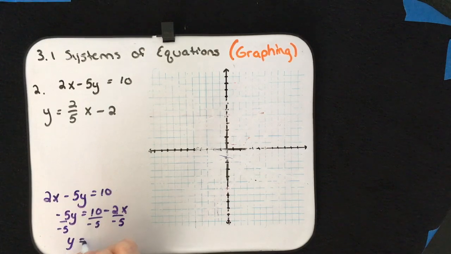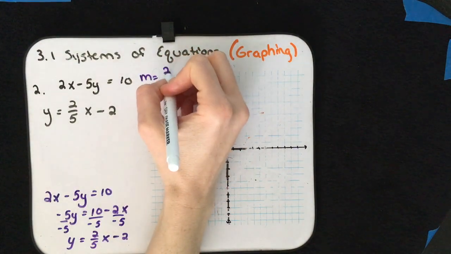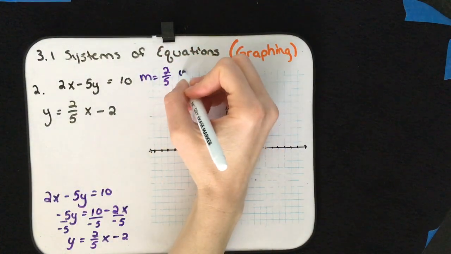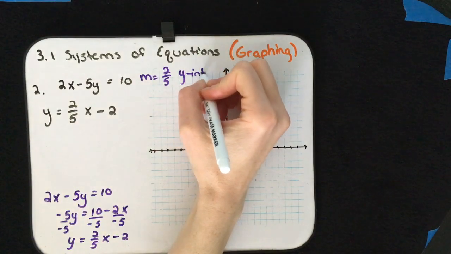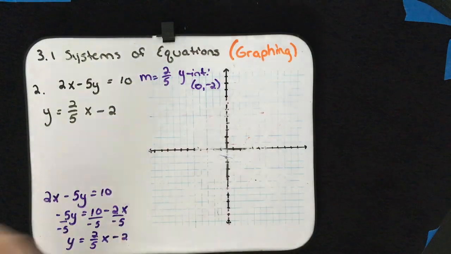And we'll get y equals, I like to have the x term first. So negative 2 divided by negative 5 is 2/5 x, 10 divided by negative 5 is negative 2. So we have y equals 2 over 5x minus 2. So that means that our slope is 2 over 5, and our y-intercept is 0, negative 2.